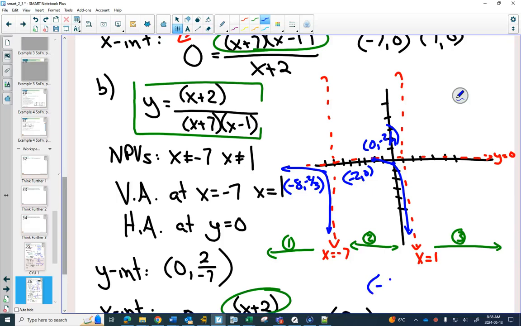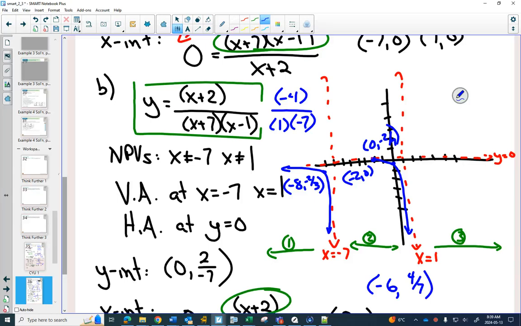So I'm going to try -6. Sometimes it's nice to try something close to your asymptote. So if I plugged in -6 on the top, I would get -4. -6 plus 7, that would be 1. And -6 minus 1 would be -7. And -4 over -7 becomes 4/7.